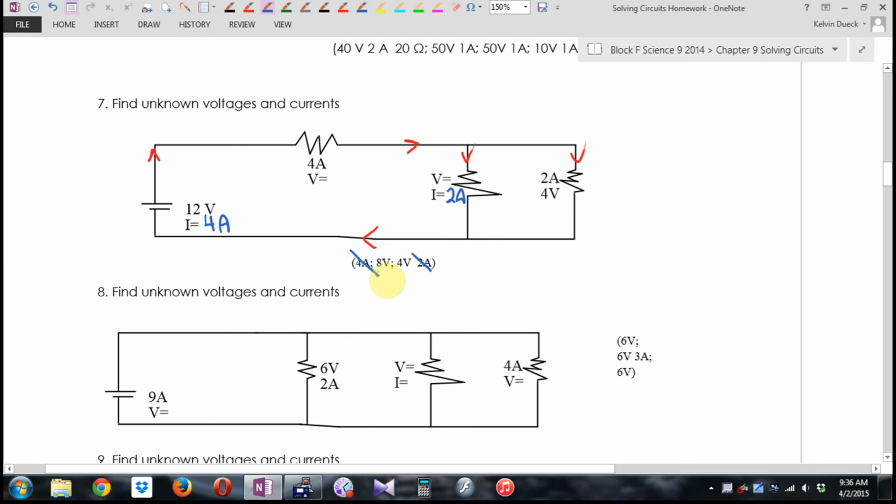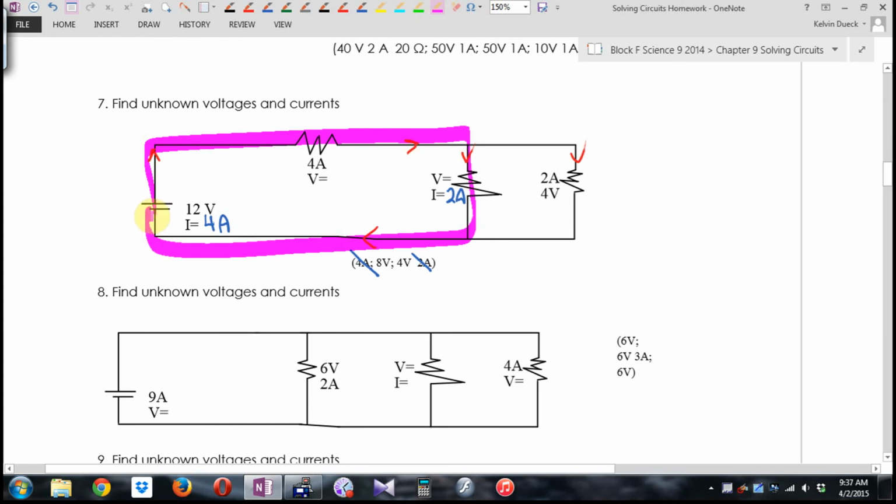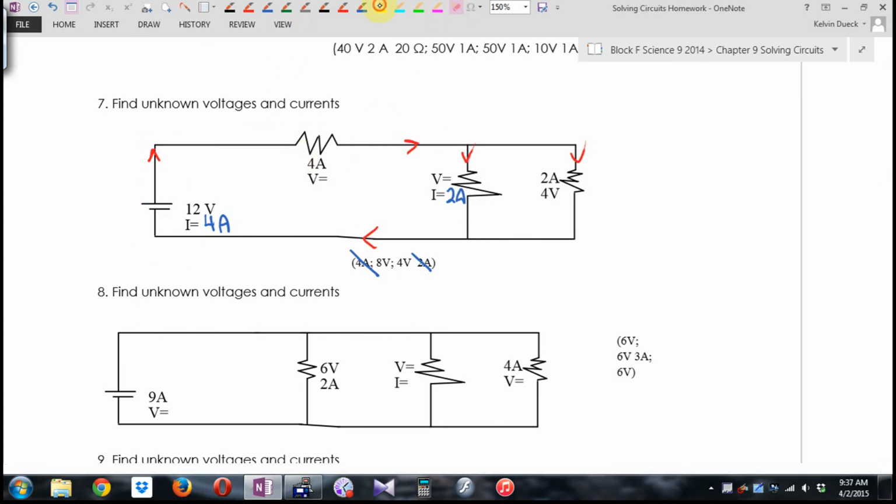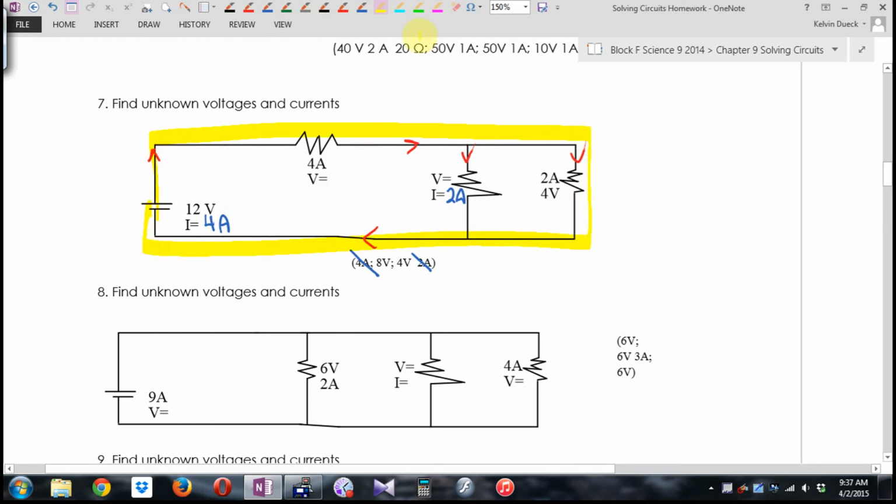Now they want me to figure out this voltage and this voltage. To find voltages, if I don't know 2 things, I ski. Now, look up. I don't want to ski this circle because there's 2 hills that I don't know. But if I ski, ready, Amelia? How high? What do I lose here? Don't know.